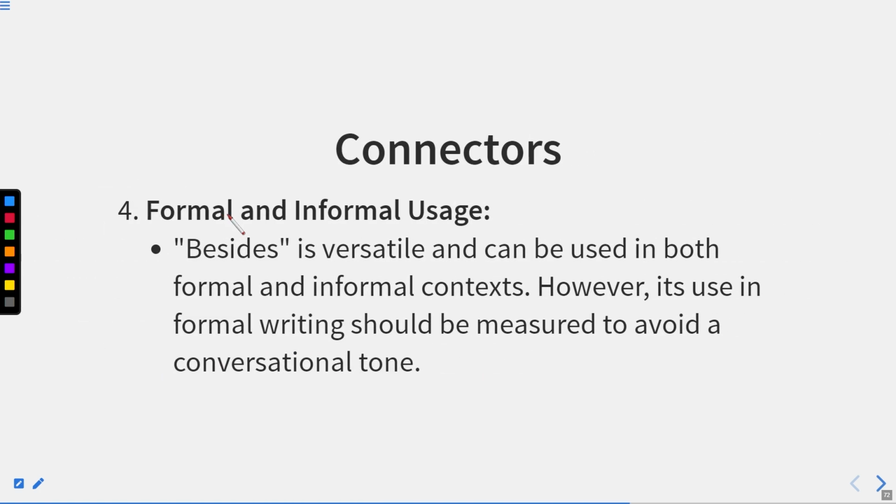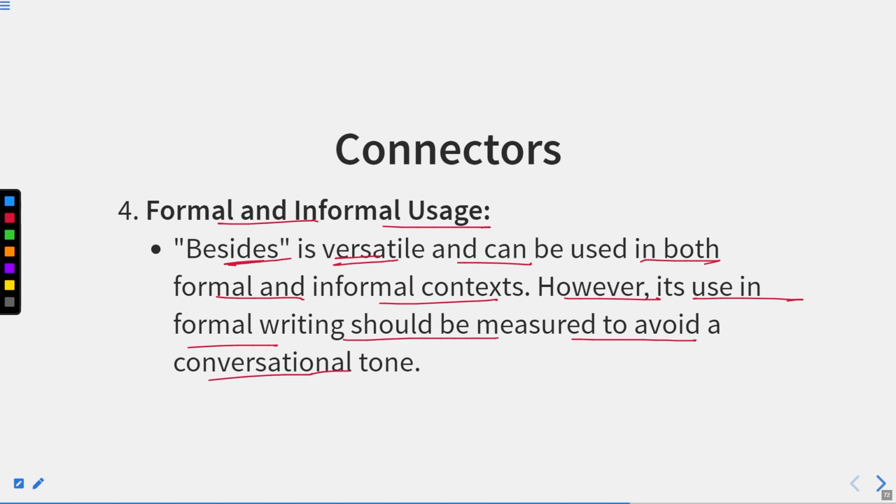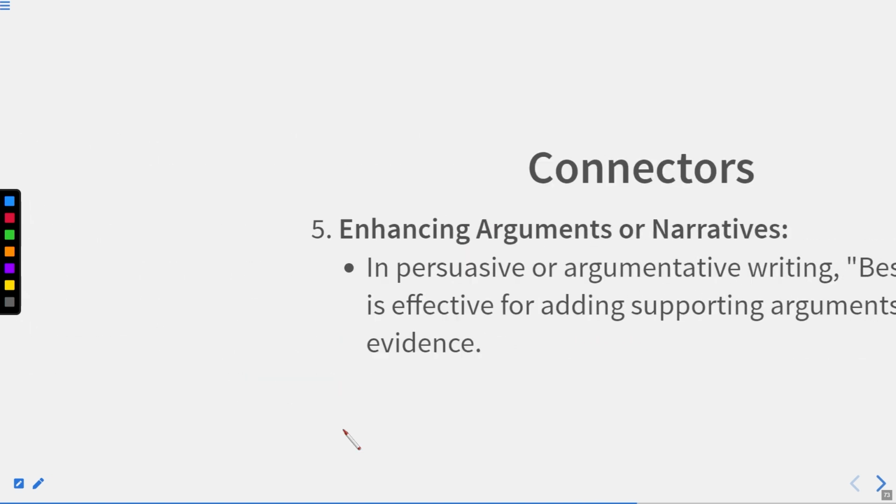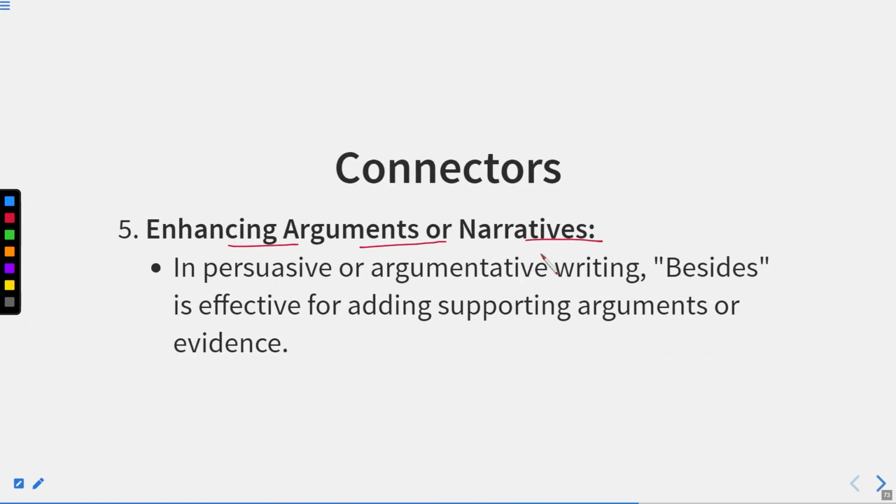Okay. Formal and informal usage, besides is versatile and can be used in both formal and informal contexts. However, when it is used in formal writing, it should be measured to avoid a conversational tone. Enhancing arguments and narratives, in persuasive or argumentative writing, besides is effective for adding supporting arguments or evidence.